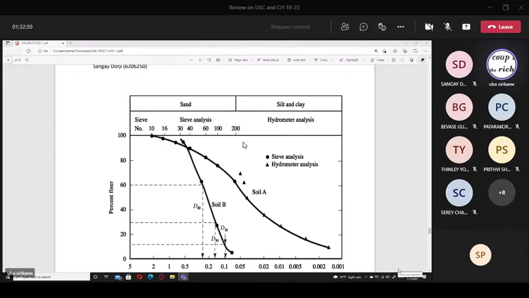Which group will present, which group has already done?